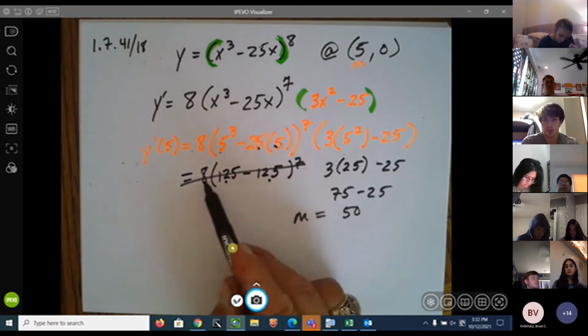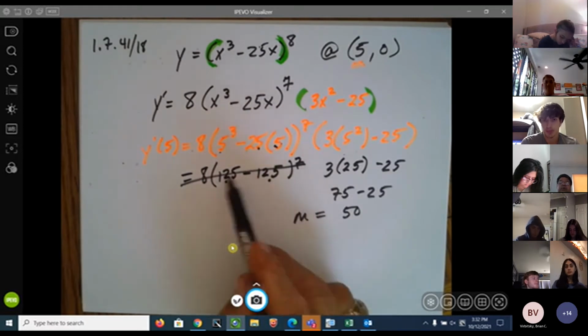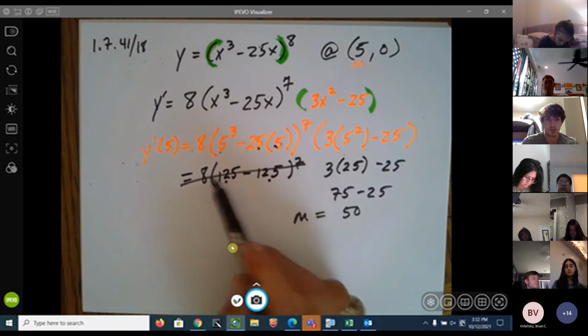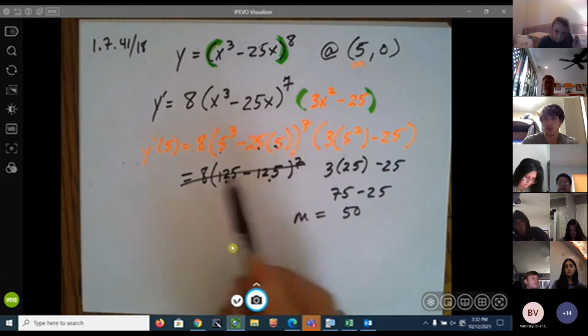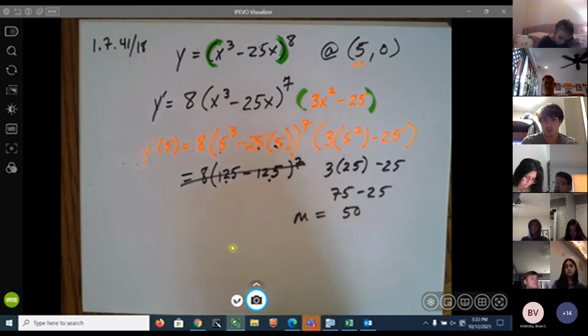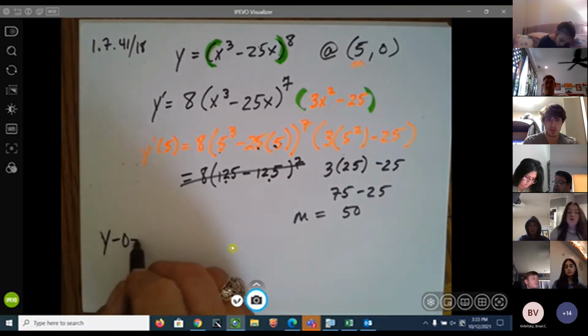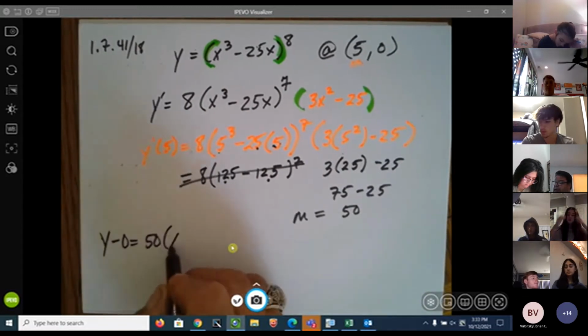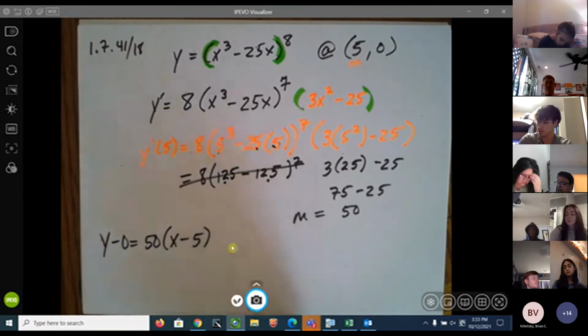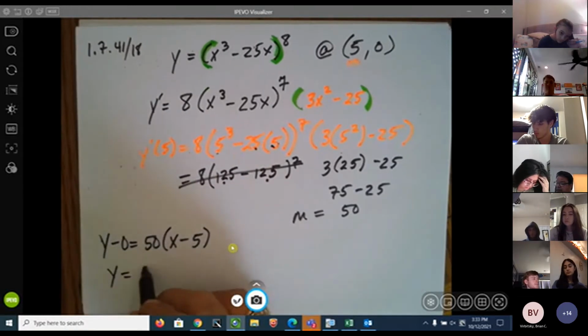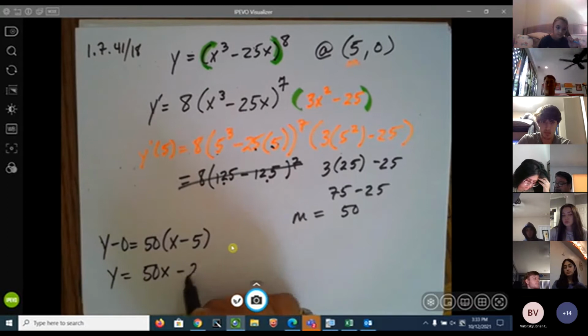So that's 0 times 8, or 0 squared. 0 to the 7th power times 8 goes out to 0. Somebody check me right there. So y minus 0 is equal to 50 times x minus 5. Y is equal to 50x minus 250.